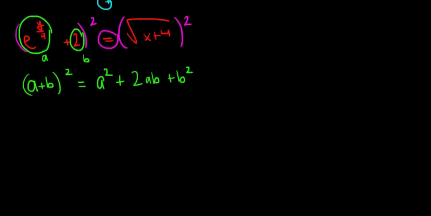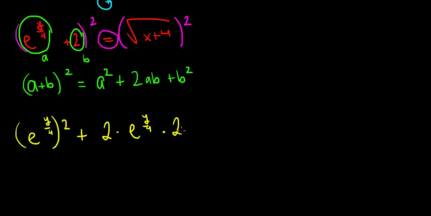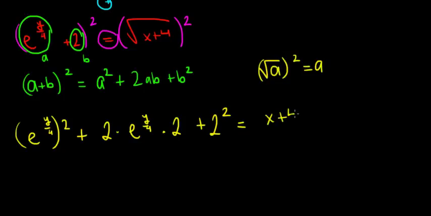The first term, a to the power of 2, is e to the power y over 4, to the power 2, plus 2 times the first term, e to the power y over 4, times the second term b, which is 2, plus b squared, that's 2 squared, equals, and remember the square root and the power of 2 cancel out. Square root of a to the power of 2 is just a. So we have only x plus 4. Alright, let's move on.